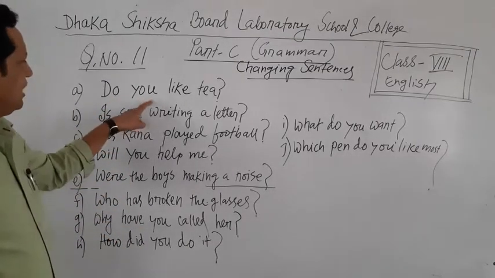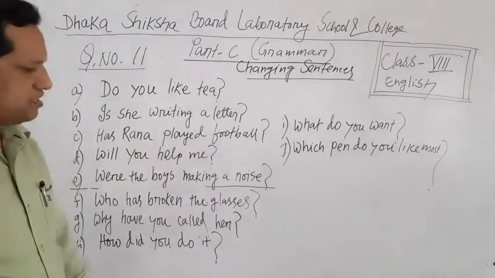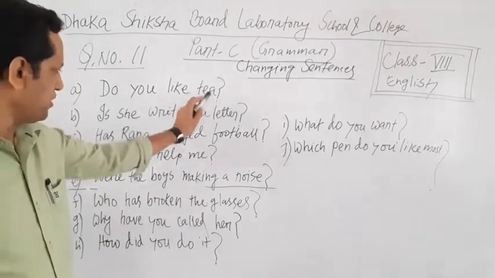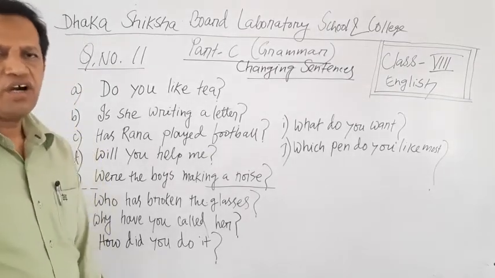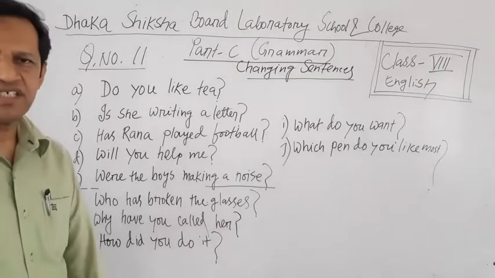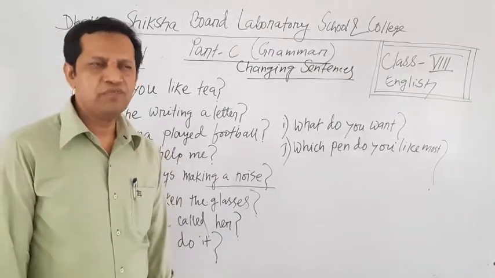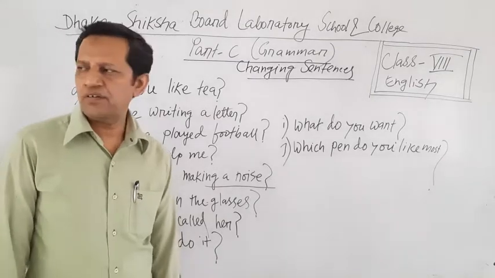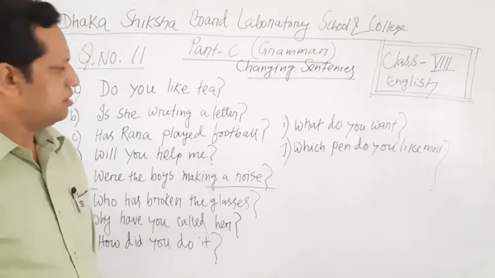Do you like tea? This is an interrogative sentence. First, you have to know the tense of the sentence. It is present indefinite tense, and at the time of present indefinite tense, you know the helping verb is am, is, or are.